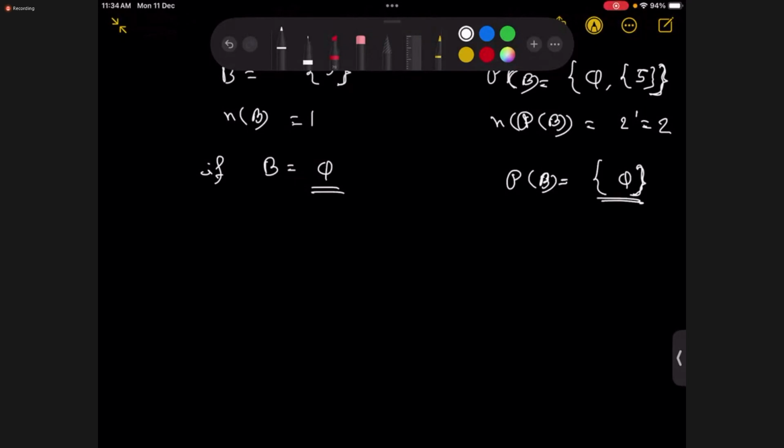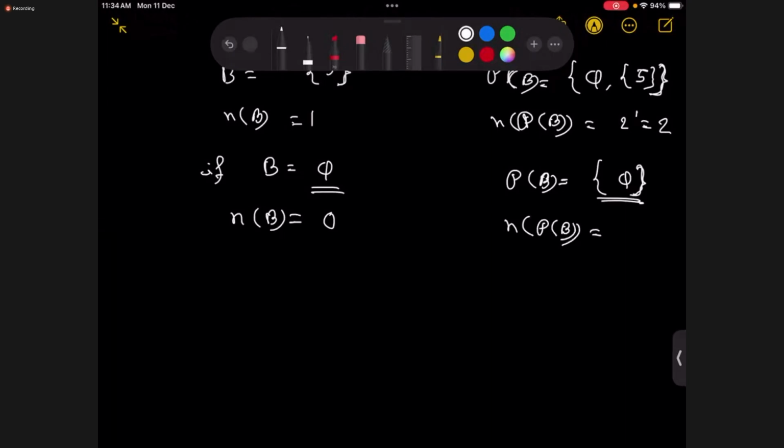So if I check n of B, what will this be? This must be 0 because phi contains no element. But what is n of P of B? This is not 0.